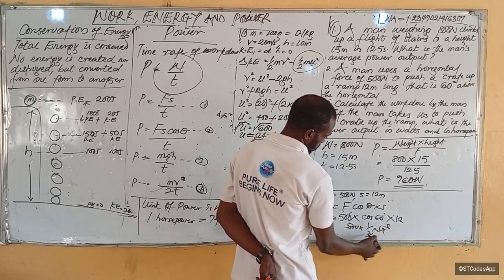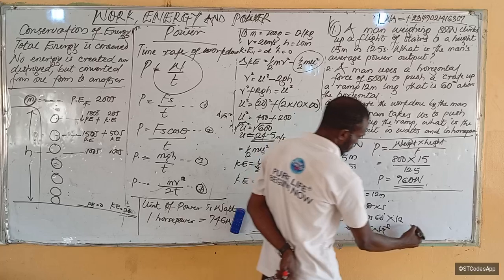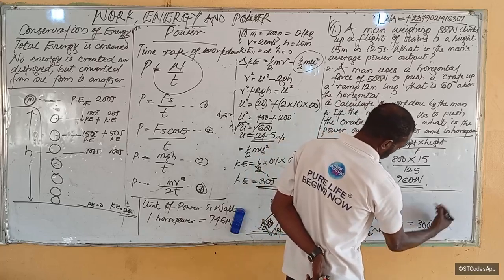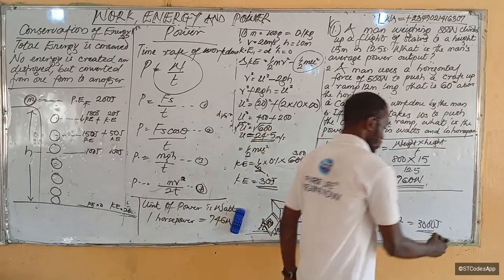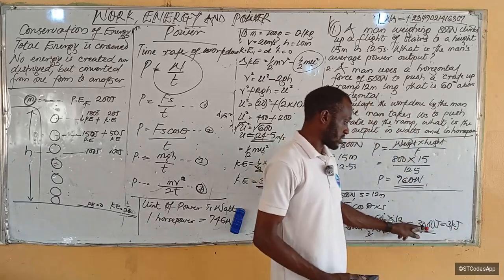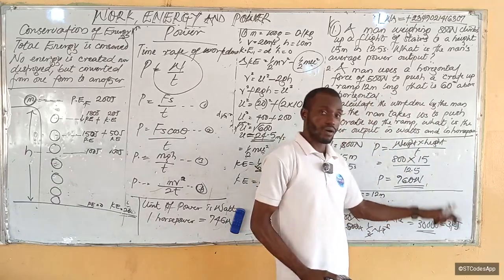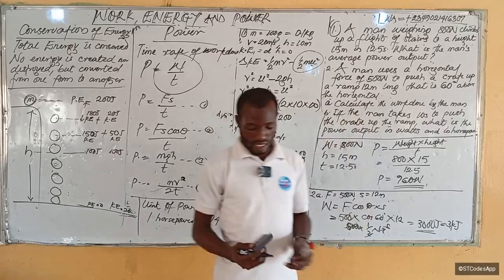Let's use 6 here. So 500 times 6, 3000. So the answer is 3000 joules of work. So that is 3 kilojoules. How did I get 3 kilojoules? You know that kilo means 1,000. So 3,000 joules means 3 kilojoules. Is that clear?